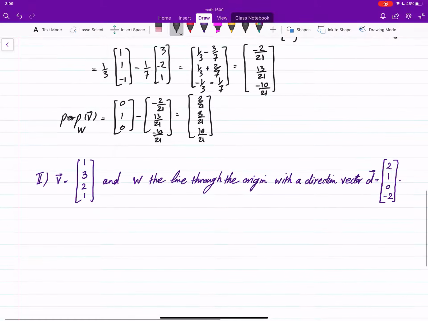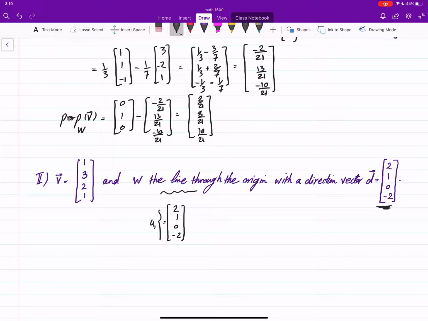But this other one, okay, W is a line, a line through the origin. That means it is a subspace. And it has a direction vector 2, 1, 0, negative 2. Right away you see that all the vectors which are parallel to this vector, and that vector itself, are going to form a basis.